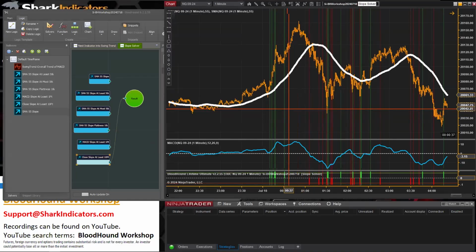And we can see the NASDAQ, at least on a 1 minute chart, is not even moving 10 points that often. So it doesn't surprise me that the SMA 55 is not even moving 10 ticks.